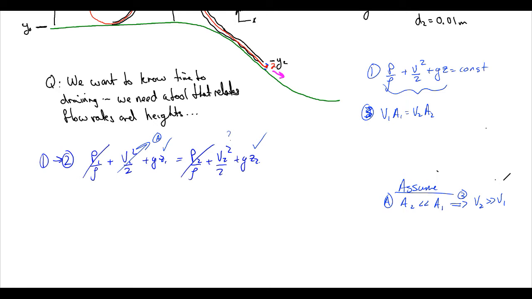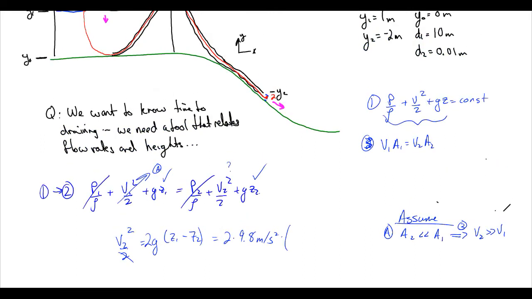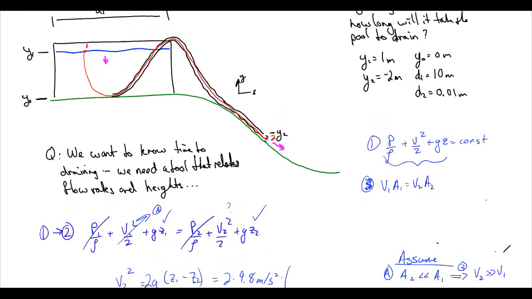Let's plug in our numbers here. We get that V2 squared over 2 is equal to g times (Z1 minus Z2). If we plug in our numbers, cancel that out, put the 2 over here: 2 times 9.8 meters per second squared times, what are our different heights?